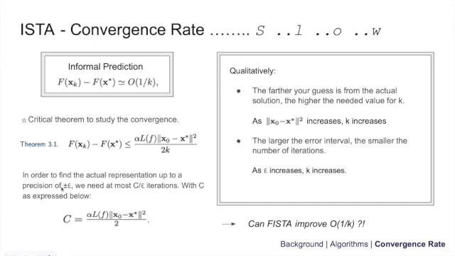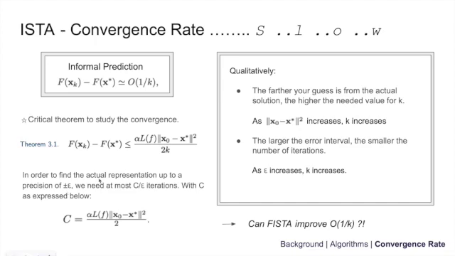Earlier, we informally reasoned a rate of O1 over k, but now we can see that the number of iterations for an epsilon optimal solution is at most C over epsilon. This can be seen, using the theorem and applying the arbitrary condition that the difference between the images has to be less than epsilon.